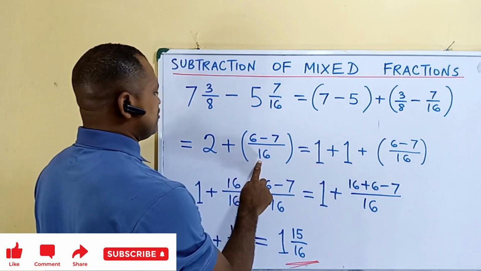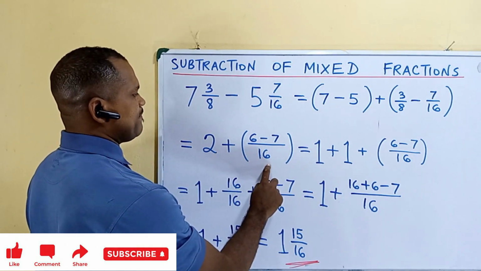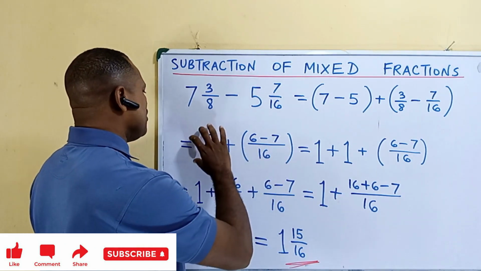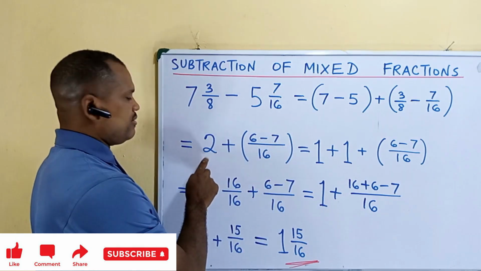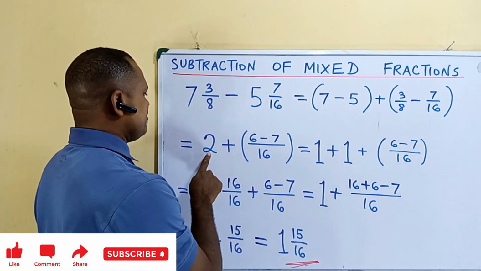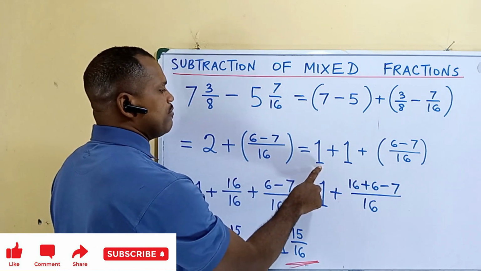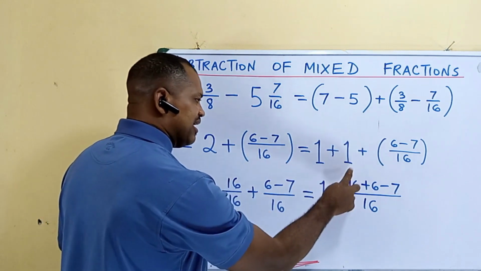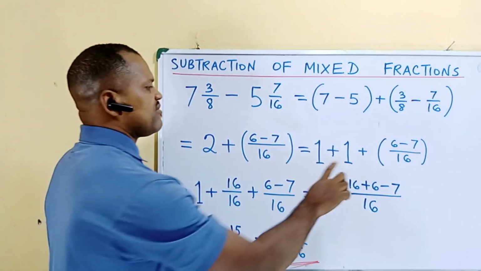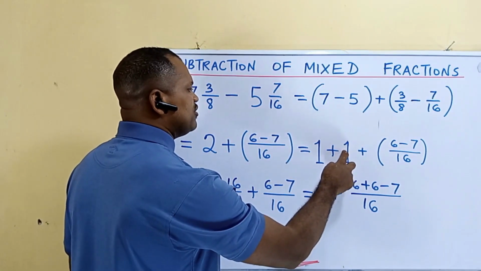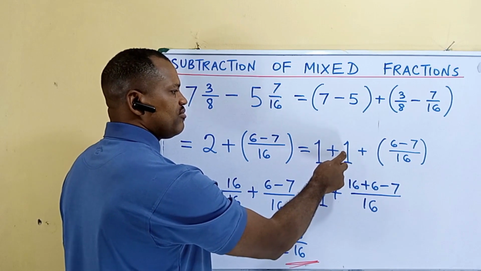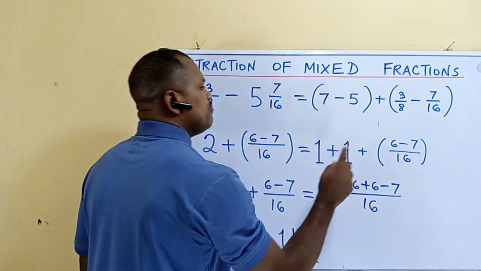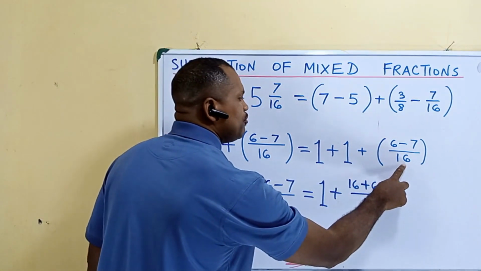Where you cannot subtract, like in this case, 6 minus 7, you borrow 1 from the whole number. You borrow 1. And since here was 2, it becomes 1. So the one that you borrowed, look at it here, write it down so you will see it first. After that, you change this one to a fraction. To which fraction? Before you change to a fraction, look at the bottom number here.